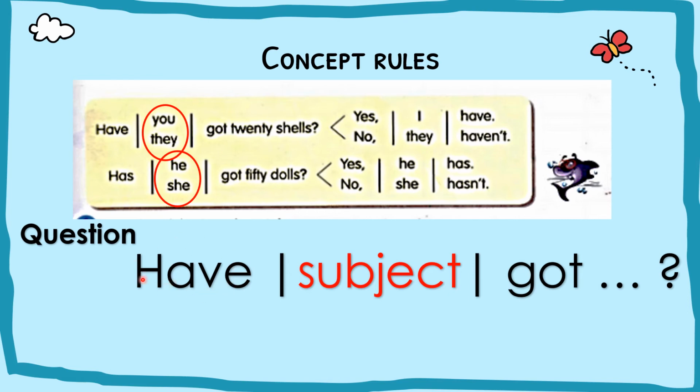If you use have, make sure the subject is from the plural group. If you use has, make sure the subject in the middle is from the singular group. So this is how you use have got in the question.